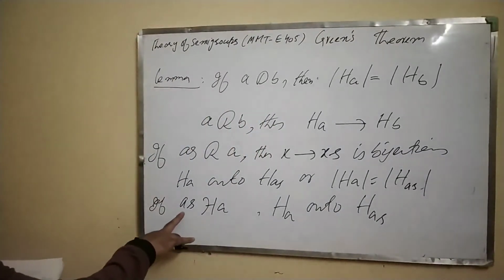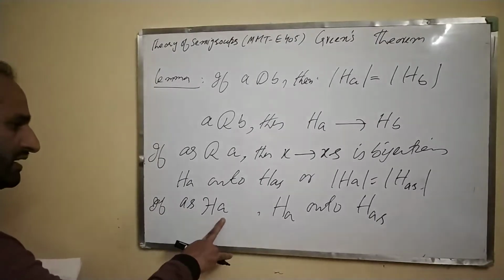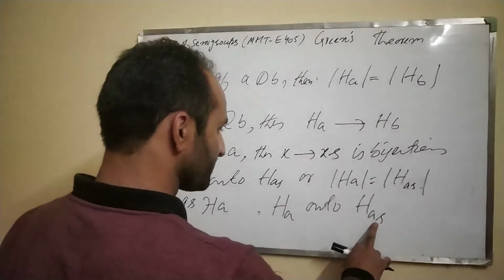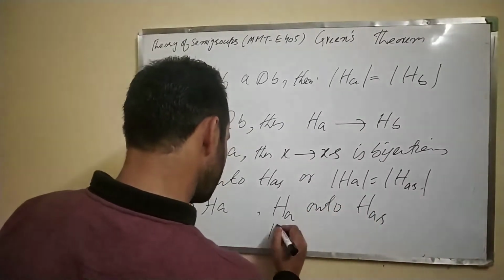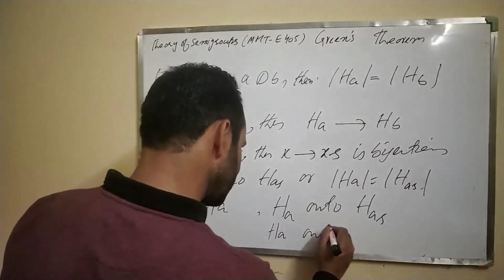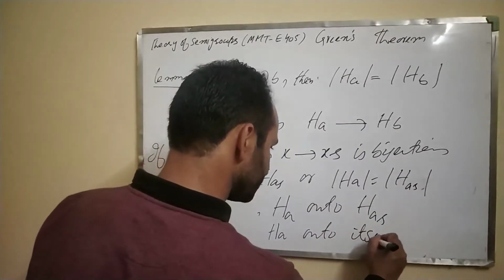But since AS is H-related to A, HA is the same as HAS. So there is a bijection from HA onto itself.